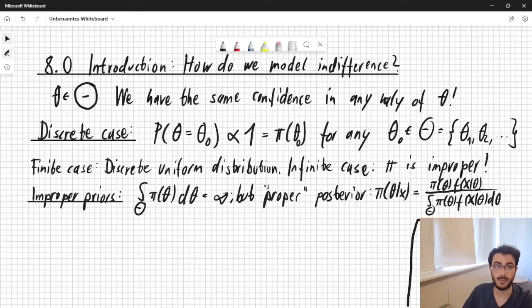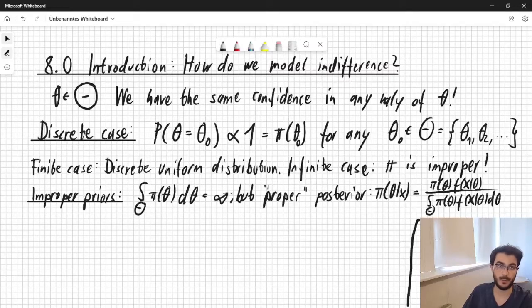You're going to see one example today, and one important example is that estimators based on improper priors, so the Bayes estimator, do not have the very nice properties that we discussed in the video about Bayesian estimation.